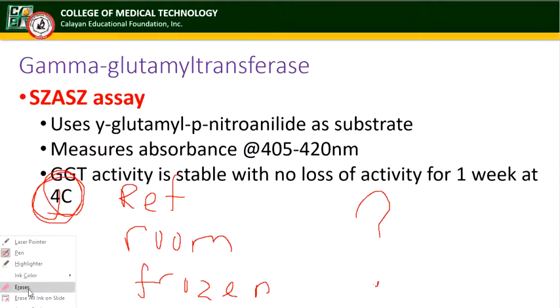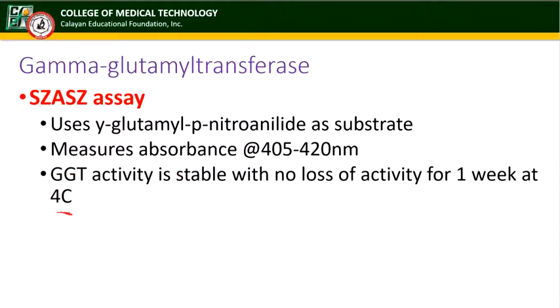So, alamin kung ano yan, ha? Alamin kung anong temp ang ating 4 degrees Celsius. Okay. So, GGT or Szasz assay is not affected by hemolysis. So, pwede ang hemolyzed sample, pero ina-avoid natin ang hemolyze at all cost. Bakit? Kapag nag-extract ka at hemolyzed, may mga tests tayo na hindi pwede ang hemolyzed sample.